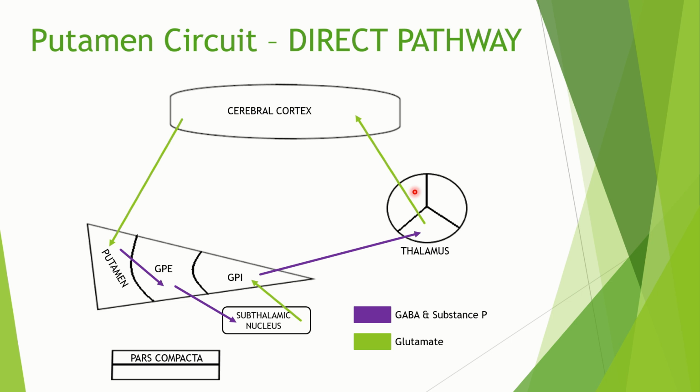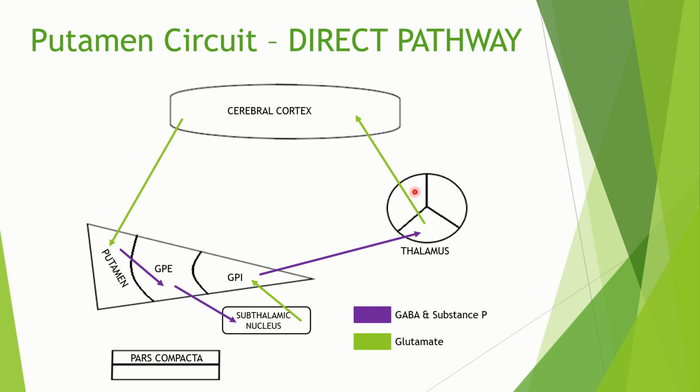So the corticostriatal fibers are going to stimulate these fibers from the putamen to the globus pallidus externa. And what that does is it stimulates the release of GABA or substance P, both being inhibitory neurotransmitters.